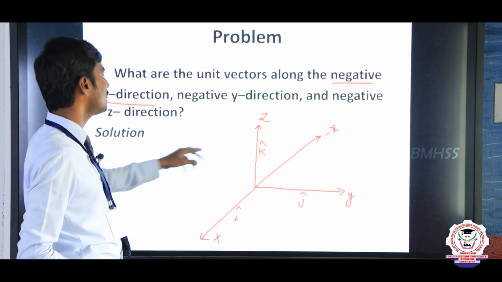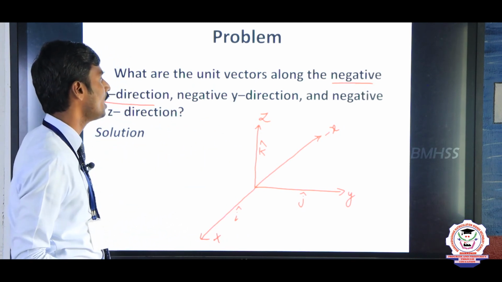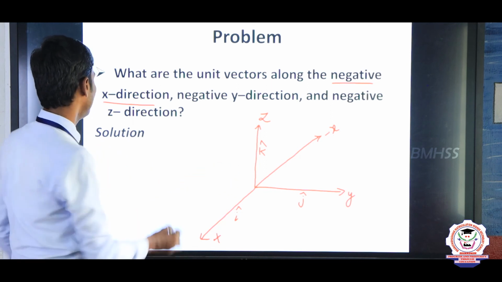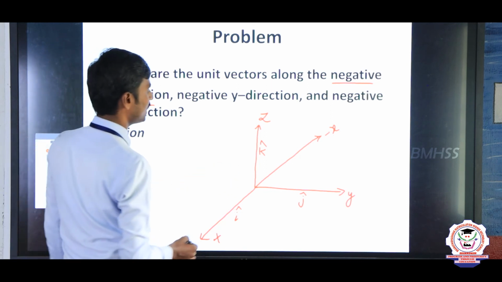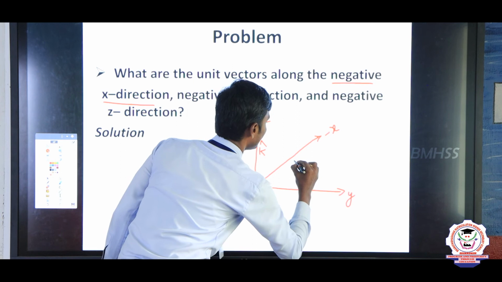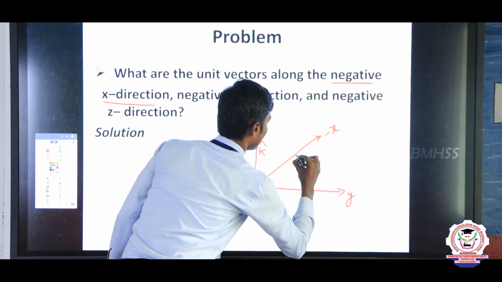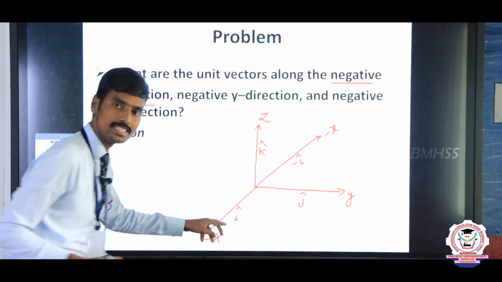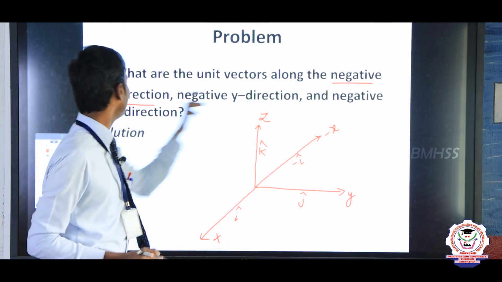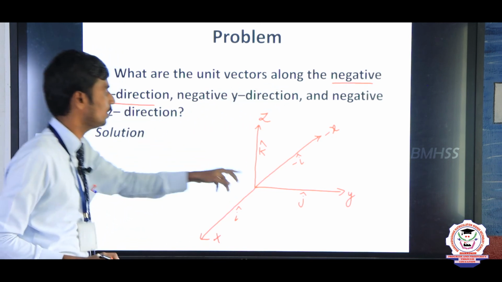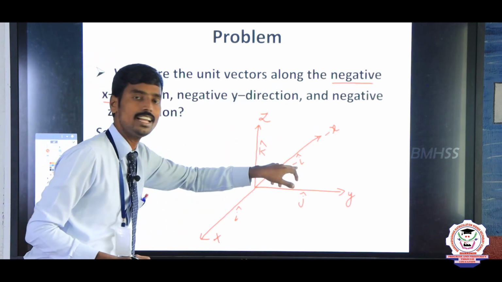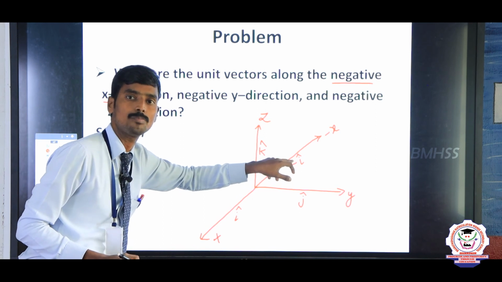The unit vector along the negative x direction is minus i cap, because here it is plus i cap and you are asking for the negative x direction. So we take minus i cap unit vector.